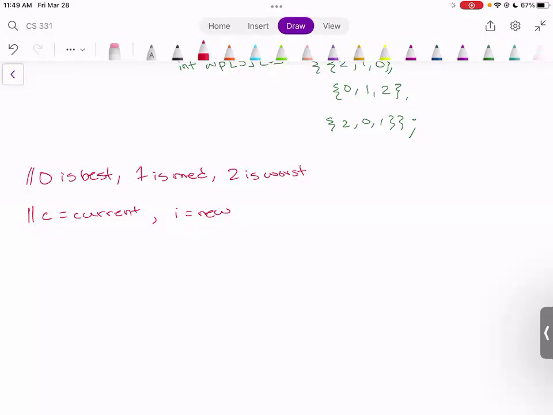Wait, so on the test, we're just going to have to write the function for this, right? Yeah, he probably won't make you write the entire program. And how many lines of code is that? The entire function, it's the same main function as the 8 queens. You just change the parameter from 8 to 3.